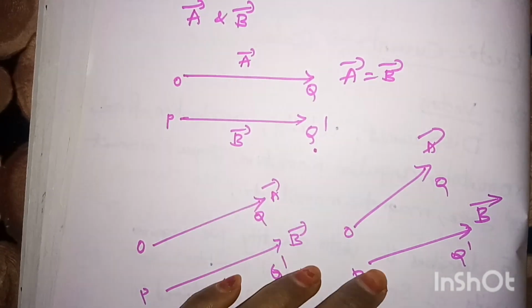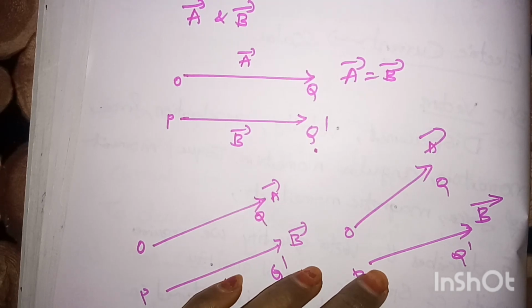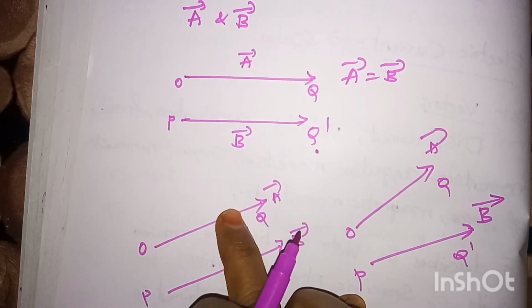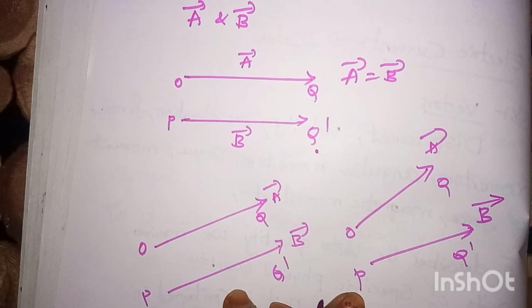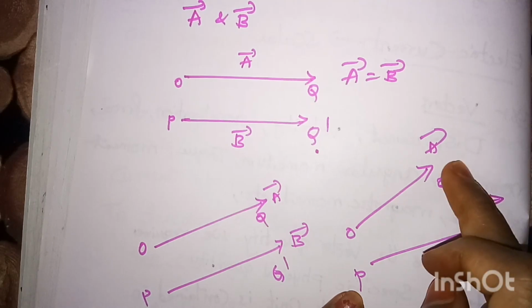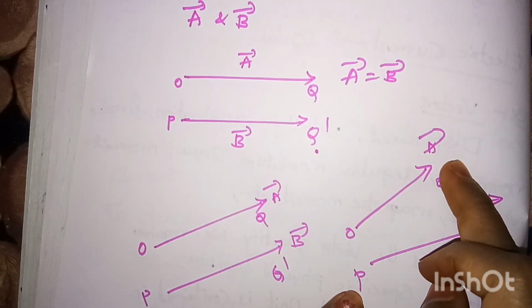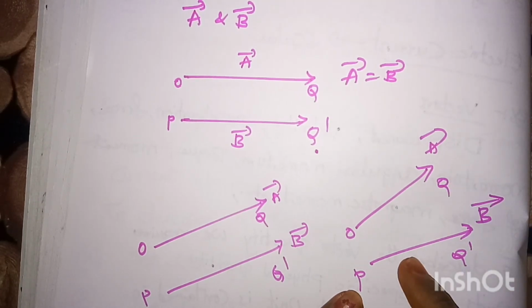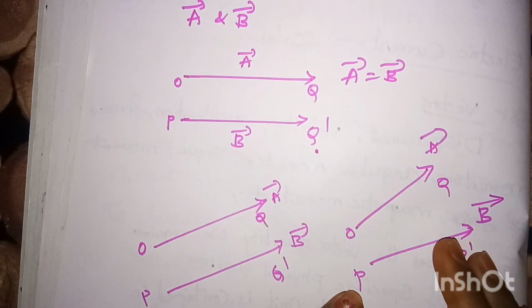When any number of vectors are parallel to each other, we call them equal vectors. This is the simple trick to check whether the given vectors are equal or not: check whether the tails and tips coincide. If they coincide with each other, we call them equal vectors, meaning they have the same magnitude.